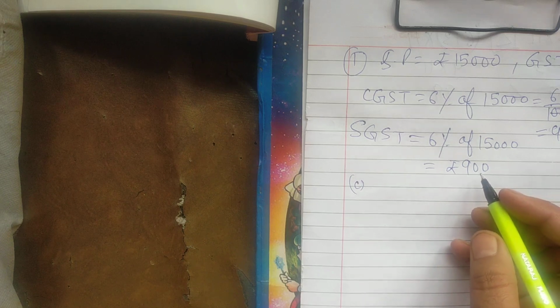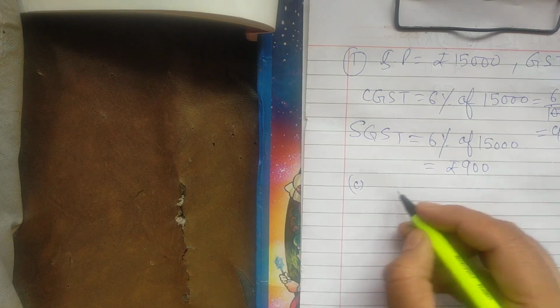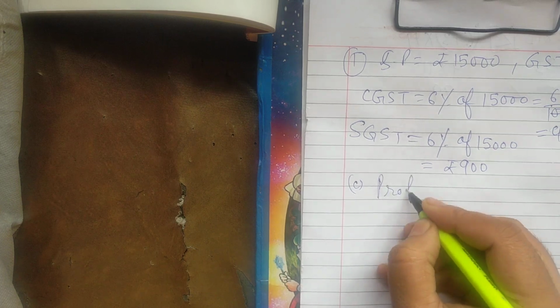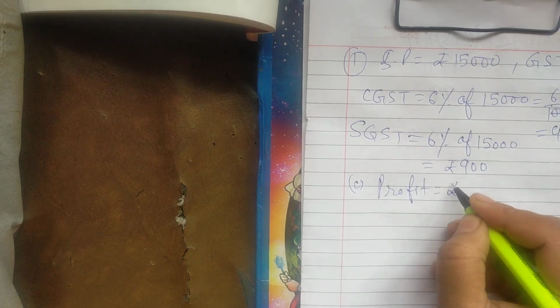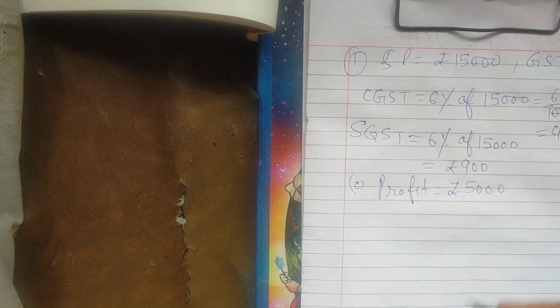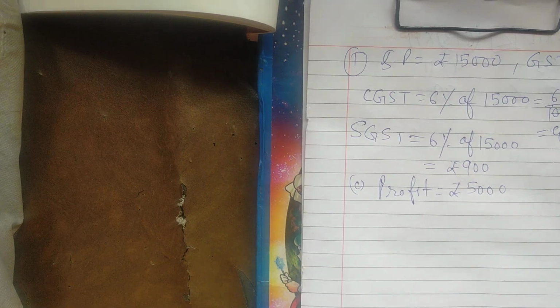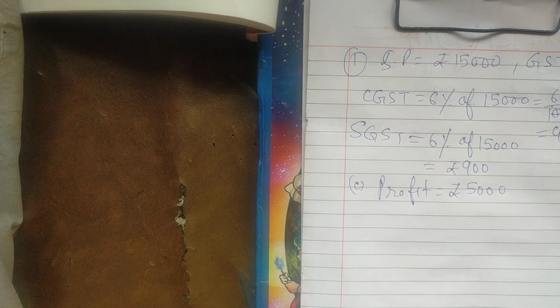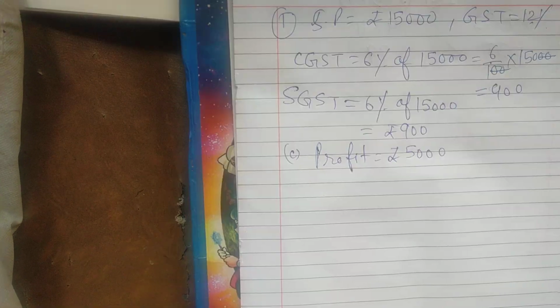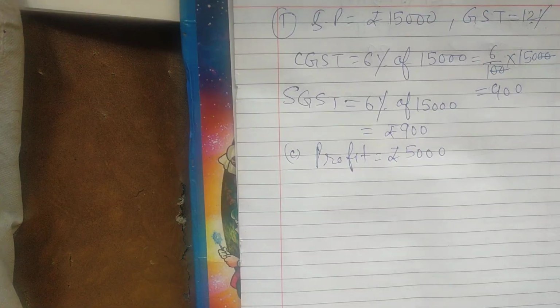Profit is also given, 5,000. Profit is equal to rupees 5,000. So SP at B will be the C.